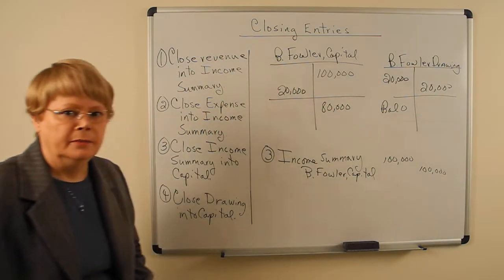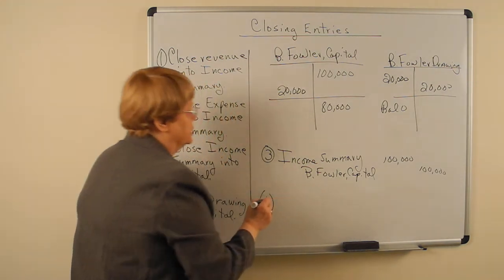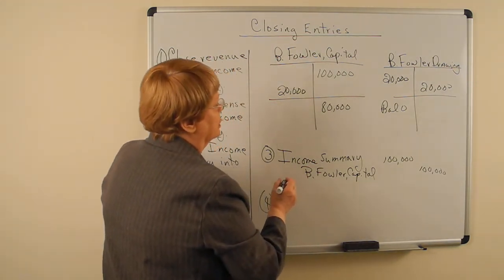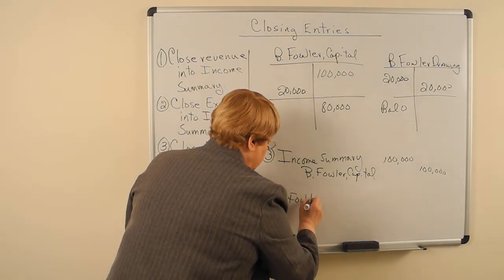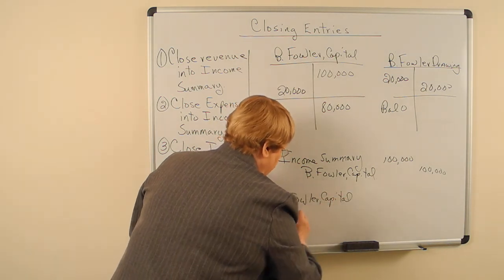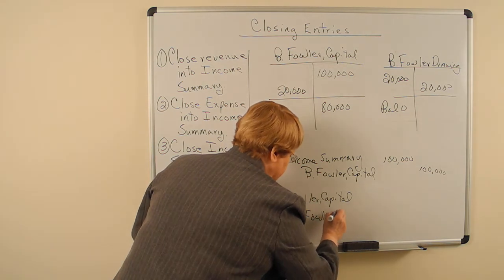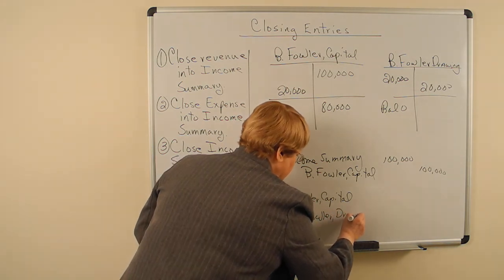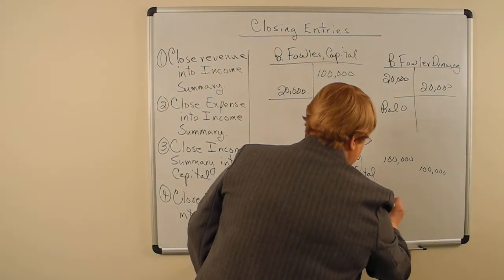We might have had a beginning balance there, but I didn't include that. In journal format, that would be a debit to B. Fowler Capital and a credit to B. Fowler Drawing. For $20,000.